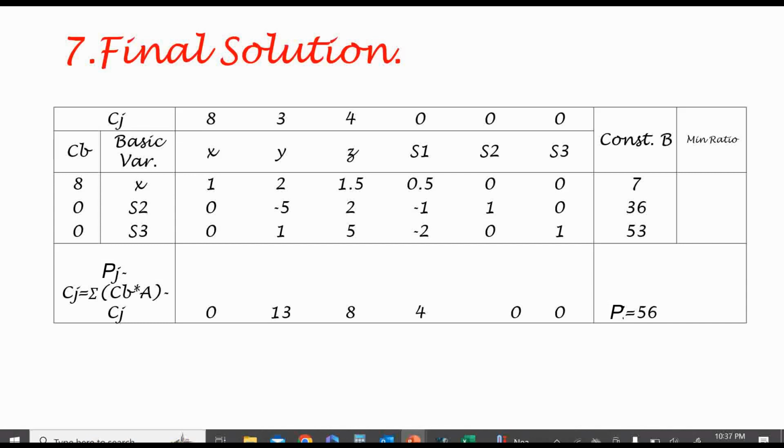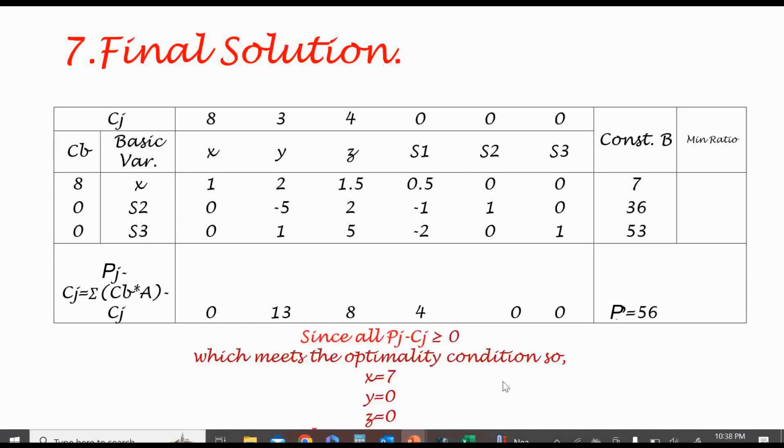So this is our final solution, and here we will write like this: since all Pj minus Cj is greater than 0, which meets the optimality condition. So here x equal to 7, y equal to 0, z equal to 0.